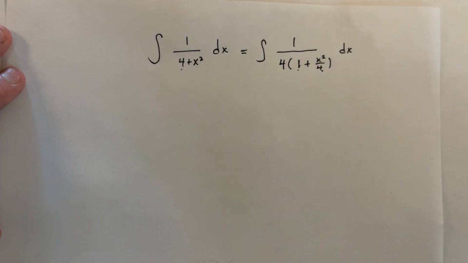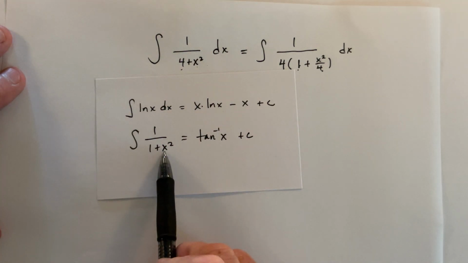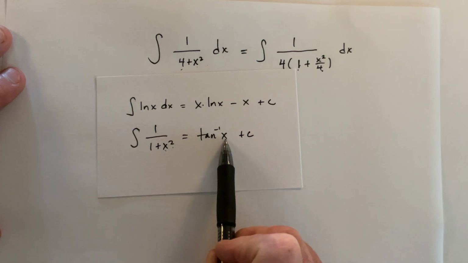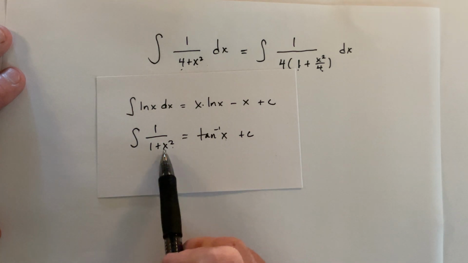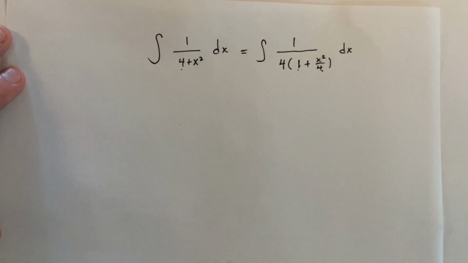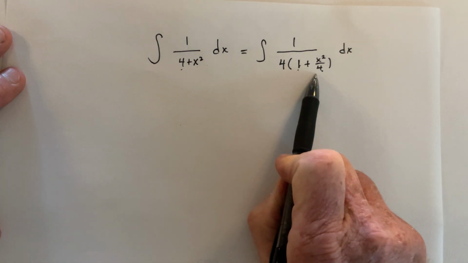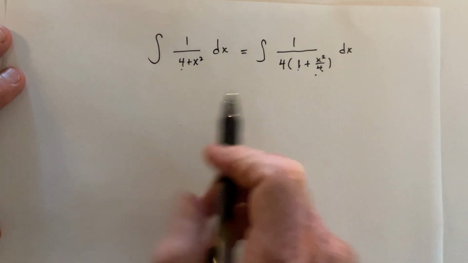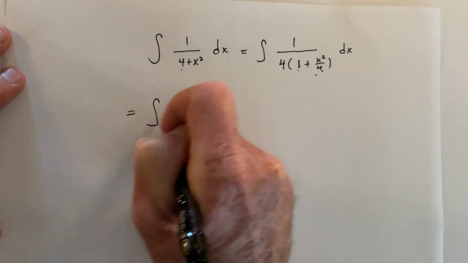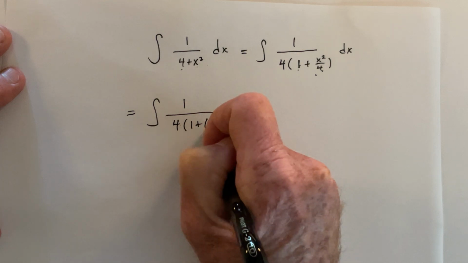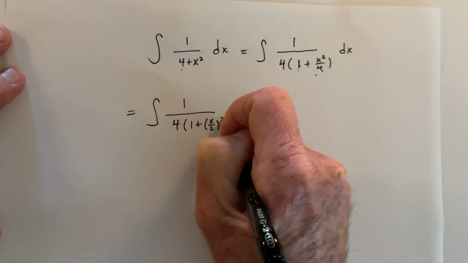Now the next thing to do is, if you look at this part, this says whatever this is, it has to be squared. And whatever that is, it's going to end up right there in the answer. So this can't say x squared over 4. It has to say something got squared. So for this part right here, I could rewrite that as x over 2 got squared. So 1 plus x over 2 got squared.